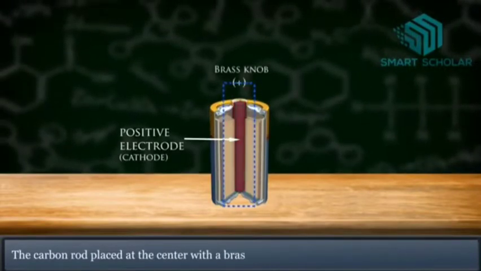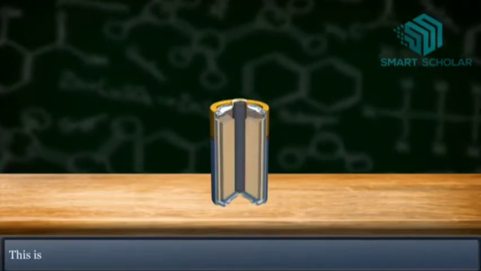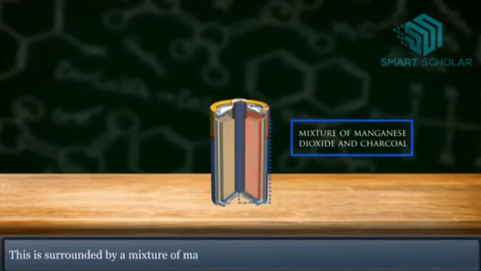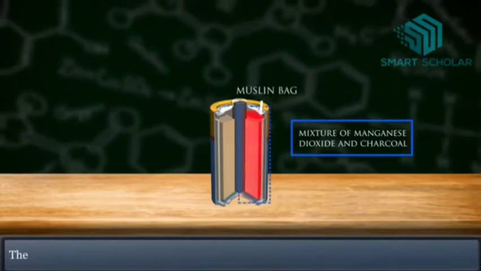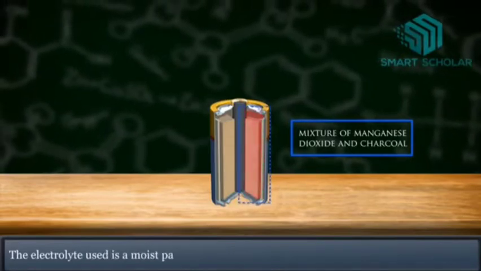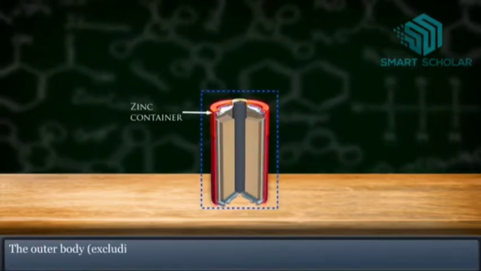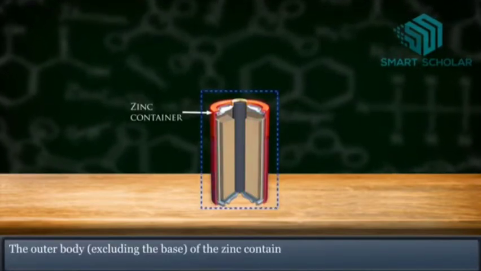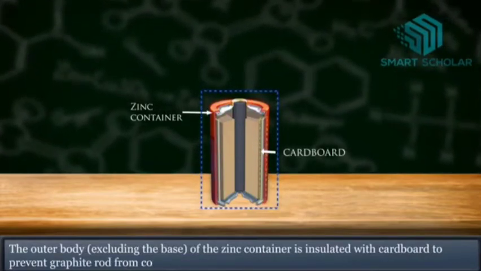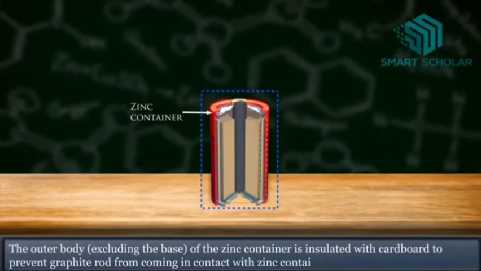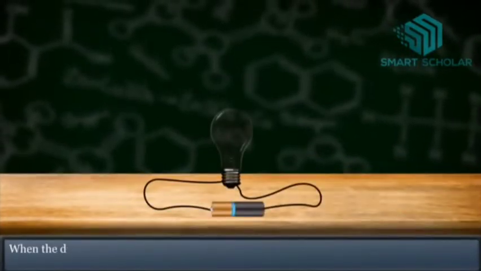The carbon rod placed at the center with a brass cap acts as the positive electrode or cathode. This is surrounded by a mixture of manganese dioxide and charcoal in a muslin bag. The electrolyte used is a moist paste of ammonium chloride. The outer body, excluding the base of the zinc container, is insulated with cardboard to prevent the graphite rod from coming in contact with the zinc container.